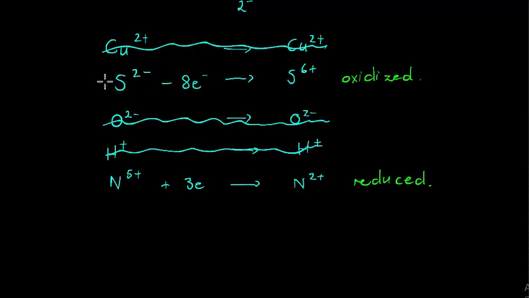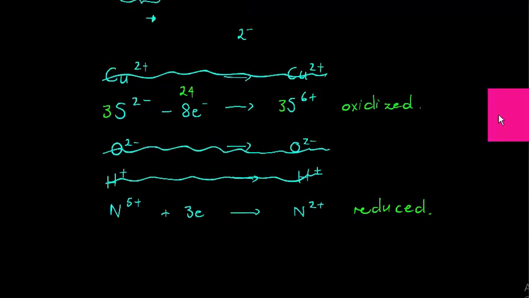I have to multiply this with 3 to get 24, so this becomes 3 sulfurs, 24 electrons, and 3 producing 3 sulfur. Here, this one we'll need to multiply with 8 to get 24 electrons. So we have 8 nitrogens plus 24 electrons. I forgot the negative there, and that will produce again 8. I'm multiplying everything with an 8.